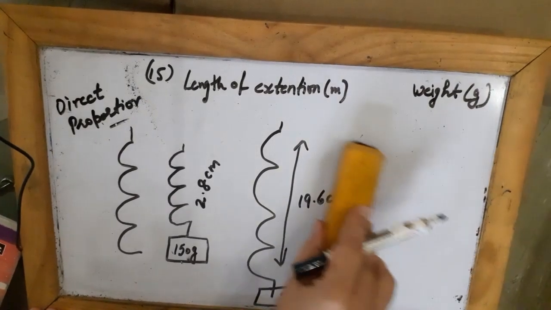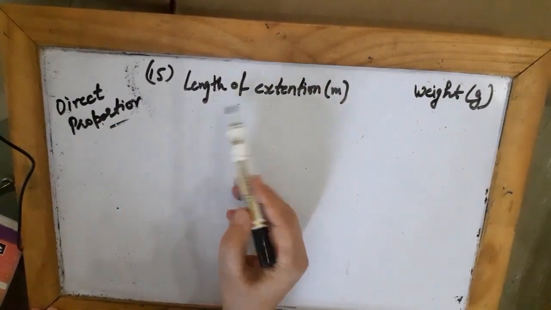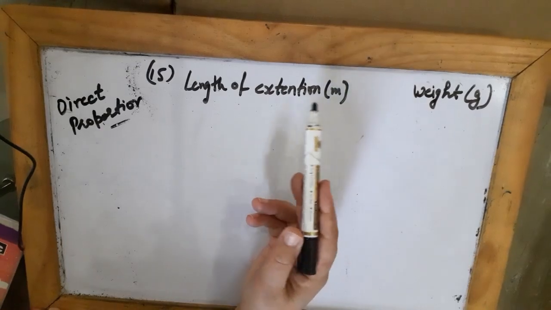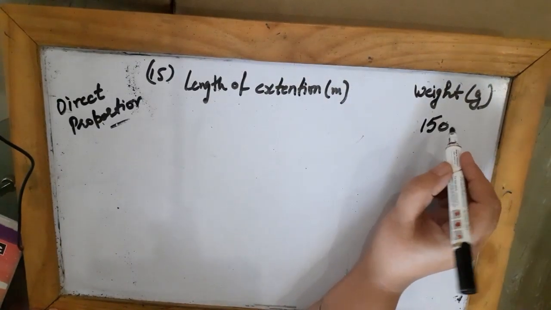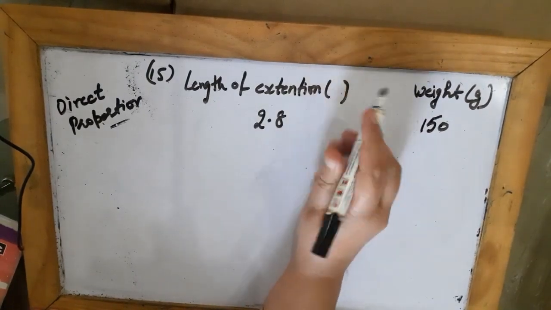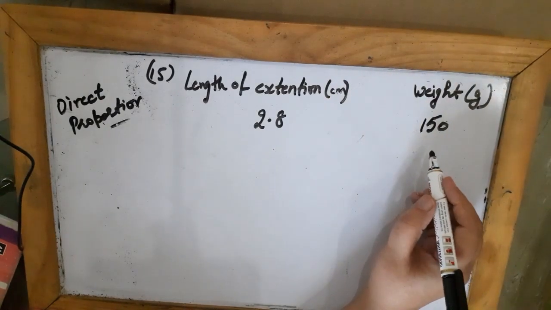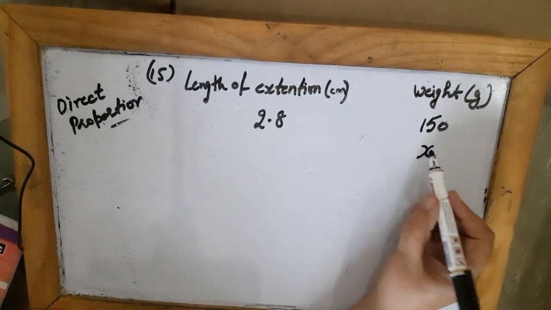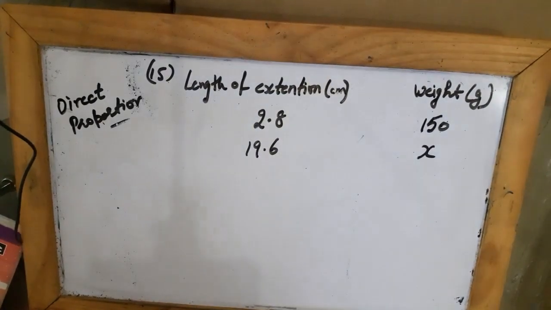Okay, so let me make two columns, length of the extension and weight. So they are saying if 150 gram weight is hung, it produces an extension of 2.8 centimeters. So this is in centimeters. Now they are asking you what weight, so I have to find the weight would produce an extension of 19.6 centimeter.